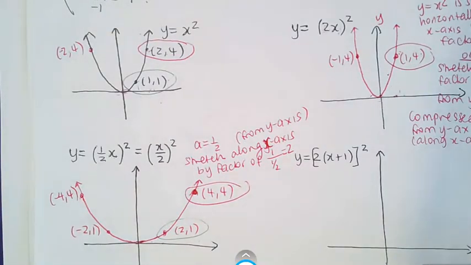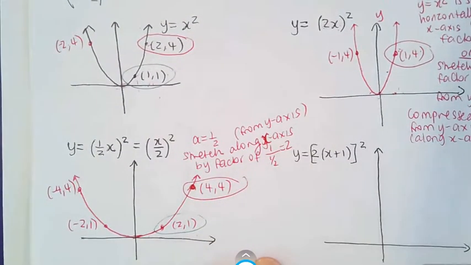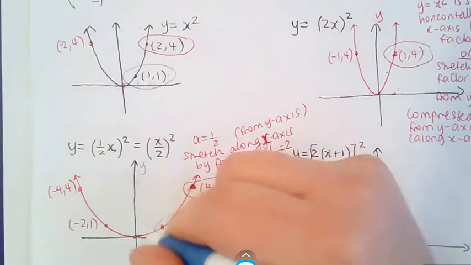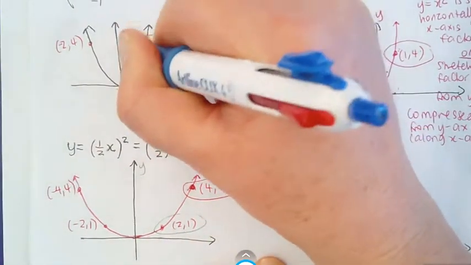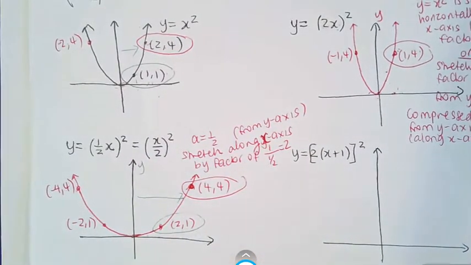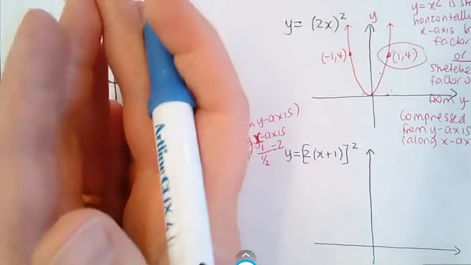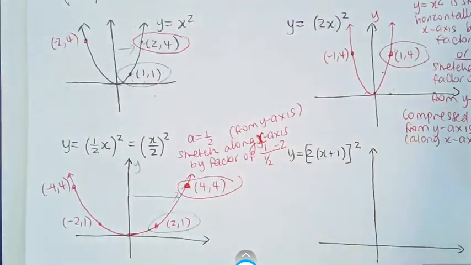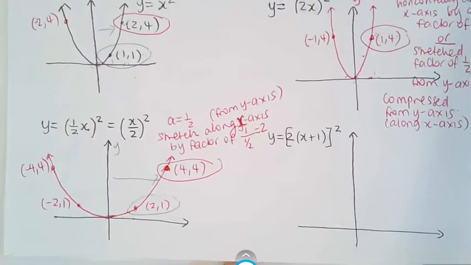Do you see it? Stretched along the x-axis. That affects the x value. Can you see it now? Is it stretched by a factor of 2 from the y-axis? Because look, here, it's gotten wider from y. It's stretched by a factor of 2 from y. If you're going from y, you're actually going along x. You see? All right, now, combined transformations.